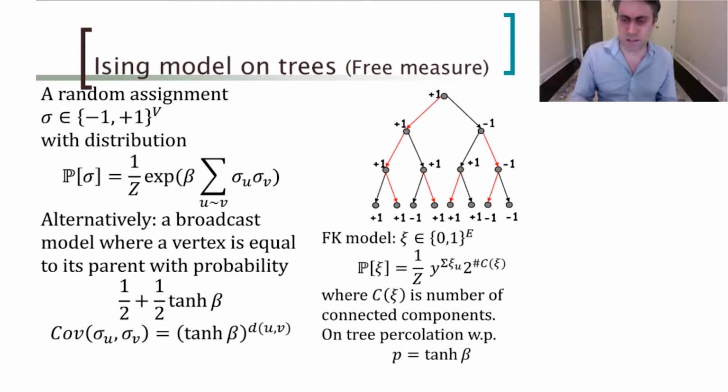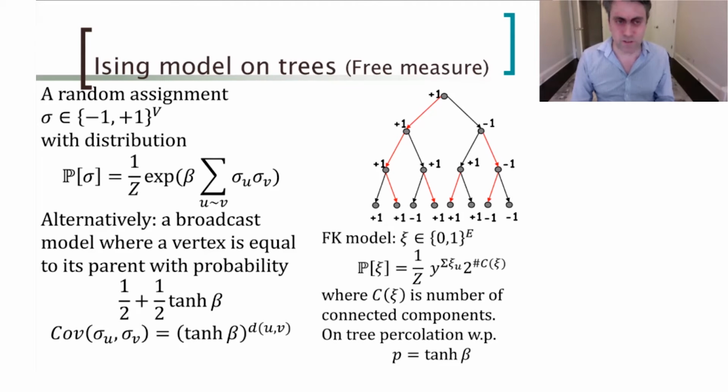And then for each connected component, we'll assign either plus or minus. So all of the vertices in the component will get the same sign. And the resulting assignment of pluses and minuses to vertices will have the same distribution as the Ising model. So that's a third way of building it. Okay.